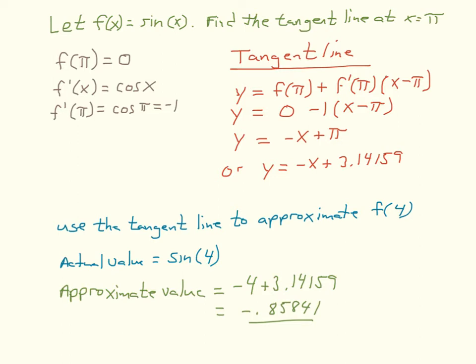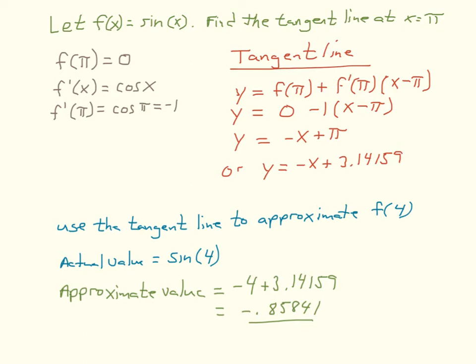What we want to do is use this tangent line approximation to approximate f of 4. In this case, our actual value is going to be the sine of 4, and I can put it in the calculator, but I couldn't do that by hand quickly.